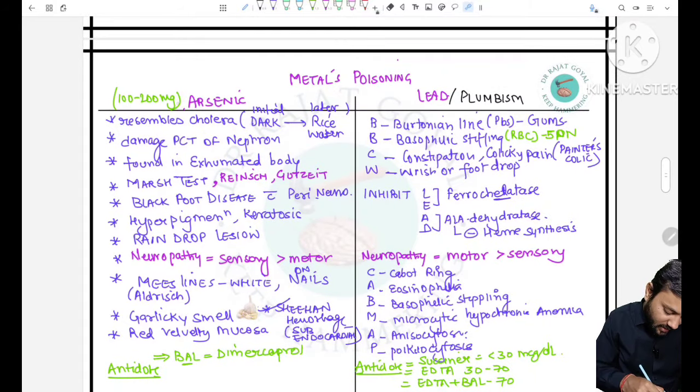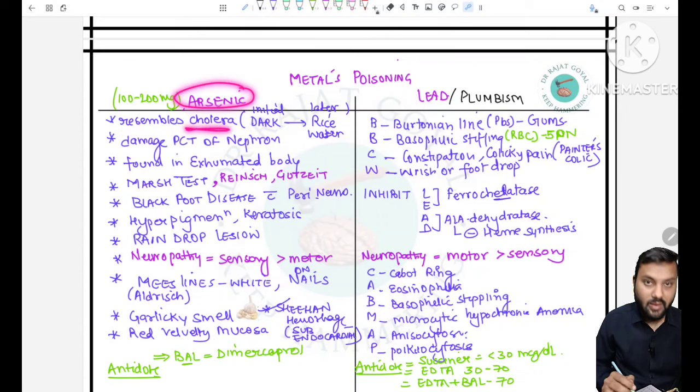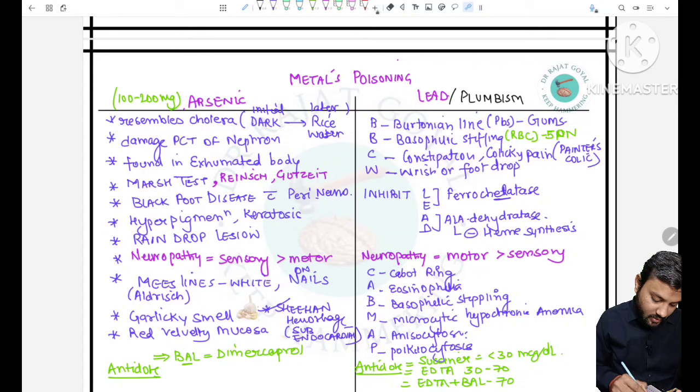So if we talk about the arsenic, then the fatal dose is 100 to 200 mg, and the poisoning by arsenic resembles cholera, but initially the stools will be dark. Later they will be similar to cholera, which are the rice water stools. And damage to the PCT of the nephron will be there, and it can also be found in the exhumed body.